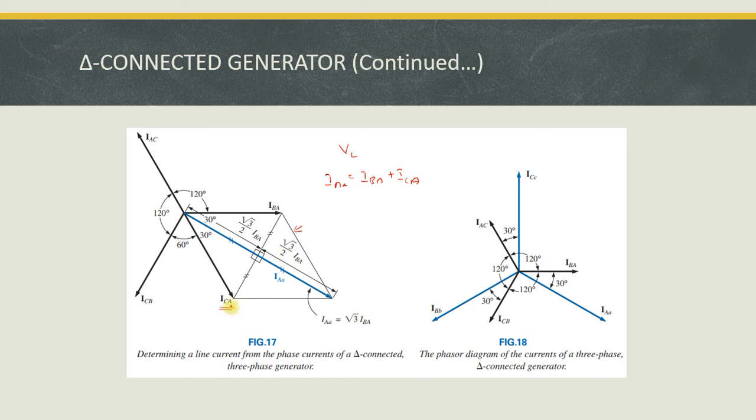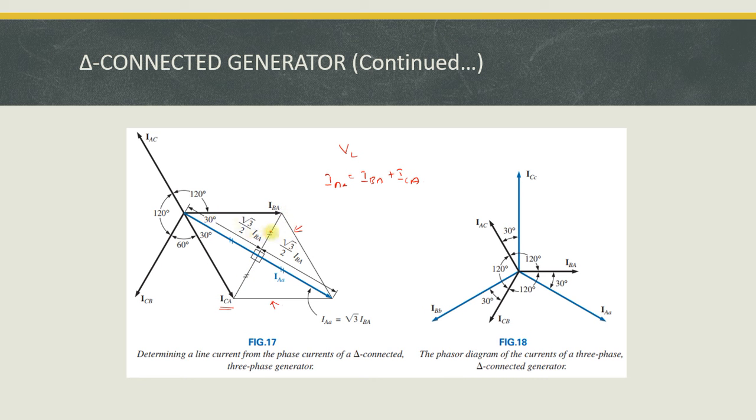Similarly, from the tip of ICA, we draw a line parallel to IBA. When these two lines meet at a particular point, that point is the vector addition of the two vectors. Now from this point you draw a perpendicular line.